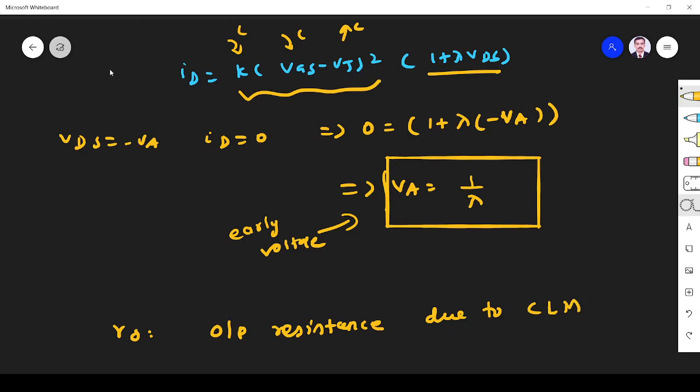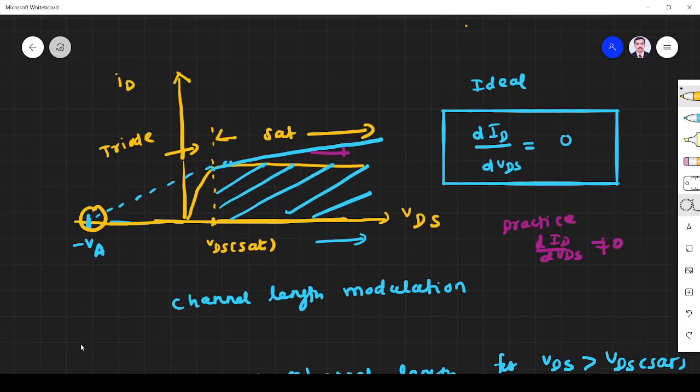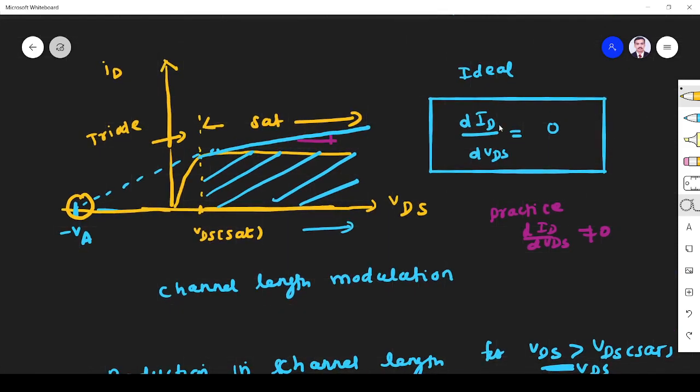So we know in ideal condition RO is, sorry, ideal condition it is infinity. What is the reason? You see, dID by dVDS is 0. I by V, if you take, it is 1 by dVDS by dID. That means infinity. Then only it will become 0.